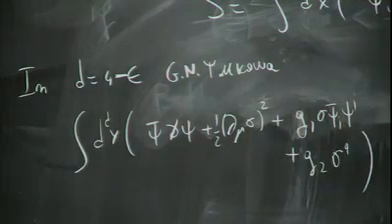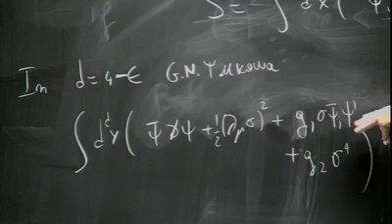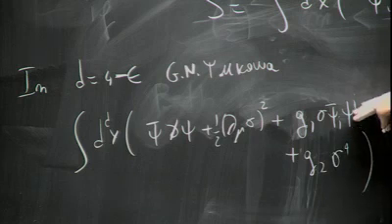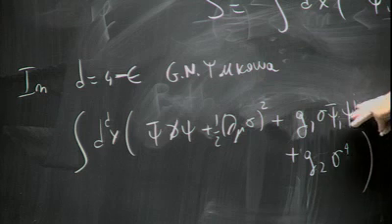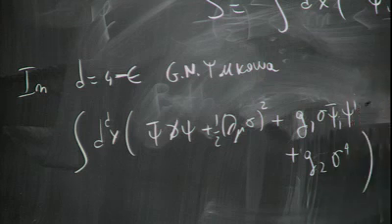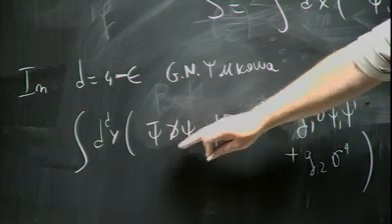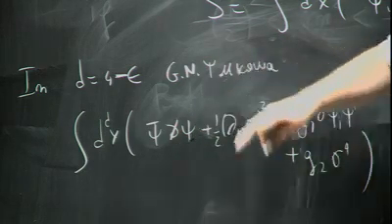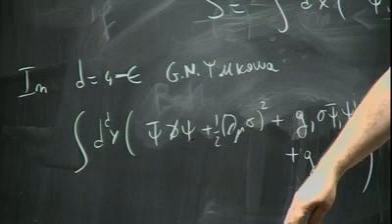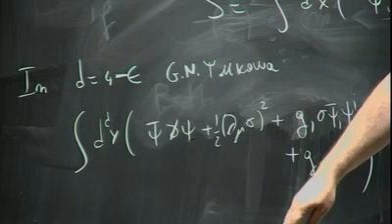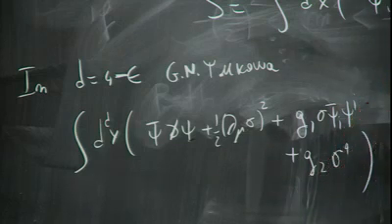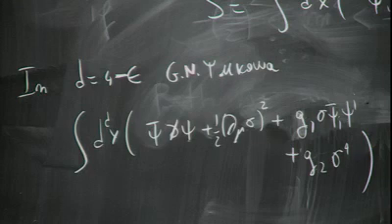This model now has two relevant operators in dimension less than 4. So in this case there is a flow from a free theory of n fermions plus 1 scalar to an interacting theory in the IR. That interacting theory in the IR can be argued to be the same as this UV fixed point that you have here.